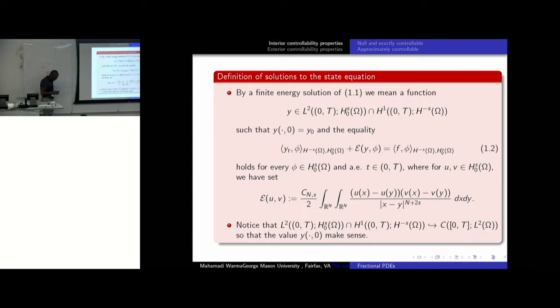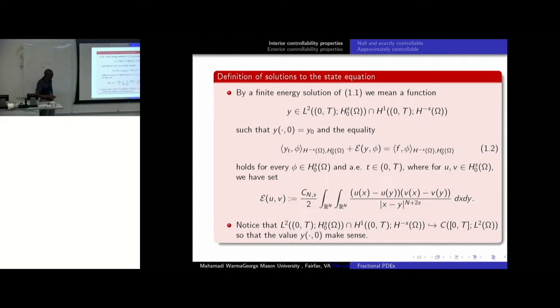First we have to define what we mean by a finite energy solution of our heat equation. It is a function u that is in L2 with values in H^s_0, and in H1 with values in the dual, that coincides at 0 with the initial value, and we have this equality that we defined yesterday as a solution for our heat equation when we have zero exterior condition.